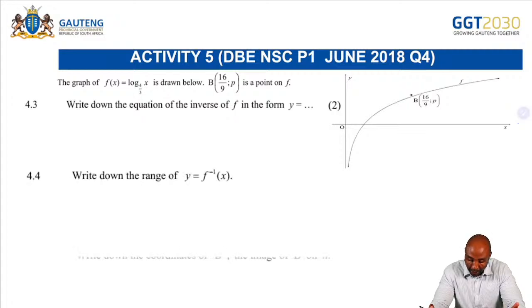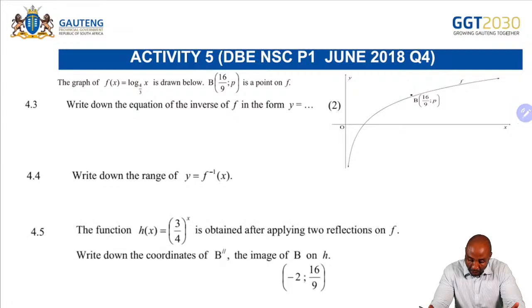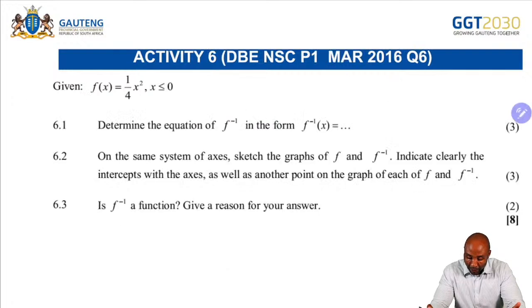We know how to get the inverse. That one is in the form of a log, so our inverse will be in exponential form. The range for the inverse: whatever is the domain for the original function becomes the range for the inverse function. And then for the points of reflection, we should look at our transformations and how we do the reflections, so that we see how we get our coordinates.